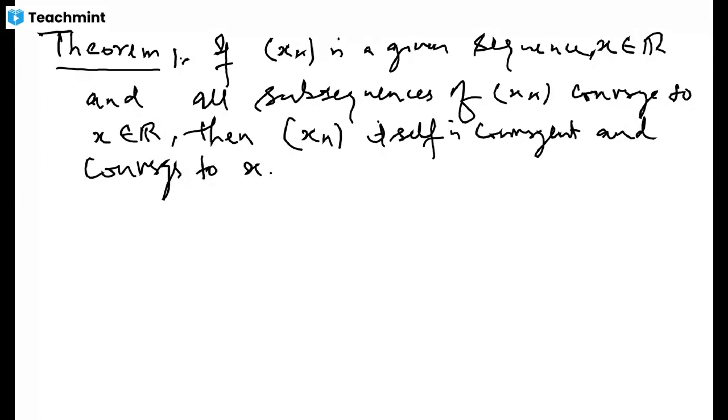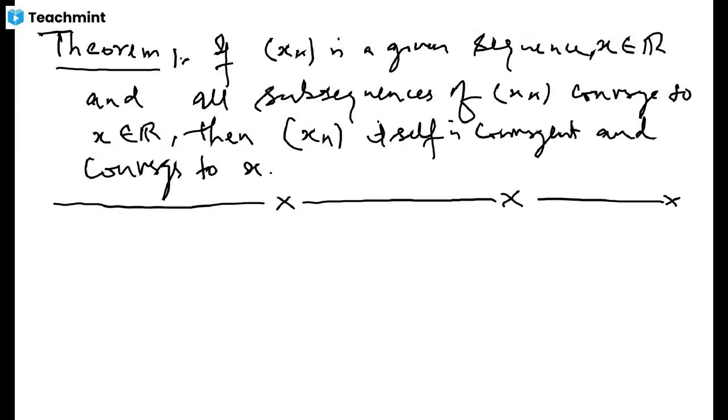The sufficient hypothesis is that all subsequences must converge to the same limit. So that's all about subsequences and the convergence of a sequence.